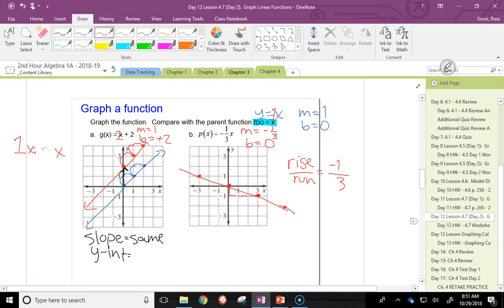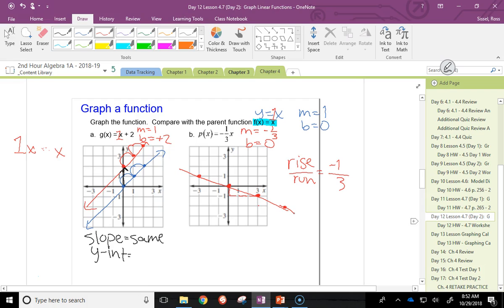Okay, so what's our parent function? It's on the board, right there. Joshua, what's the parent function? F(x) equals x. Perfect.